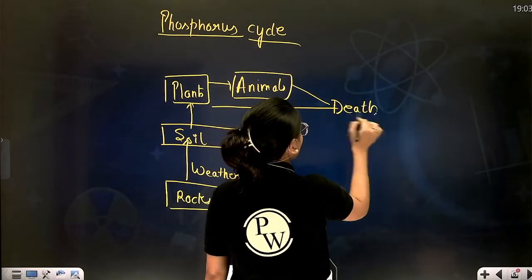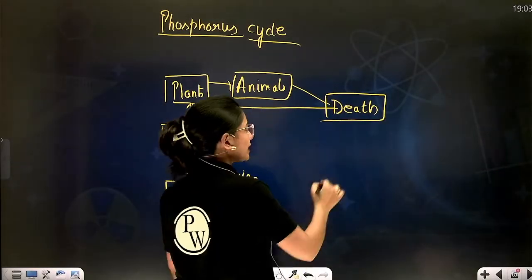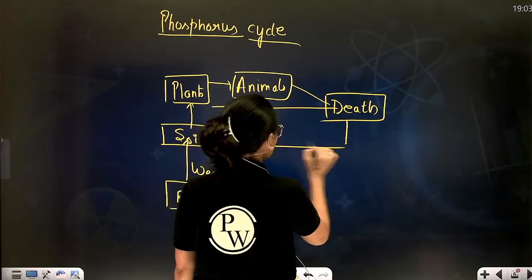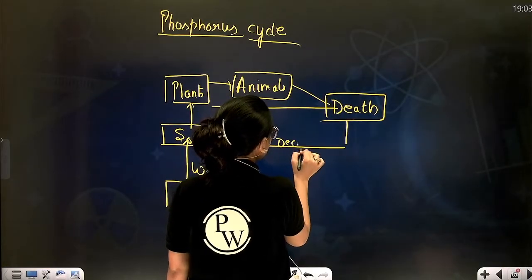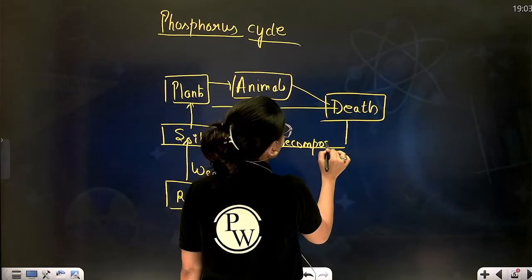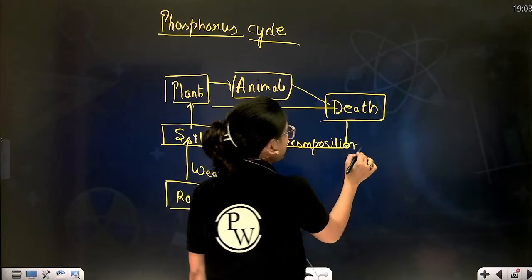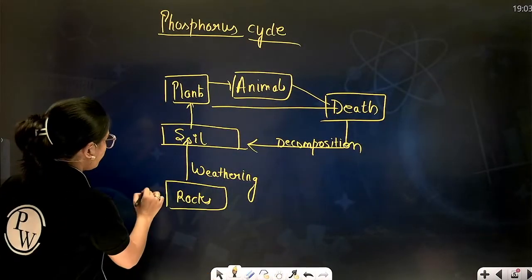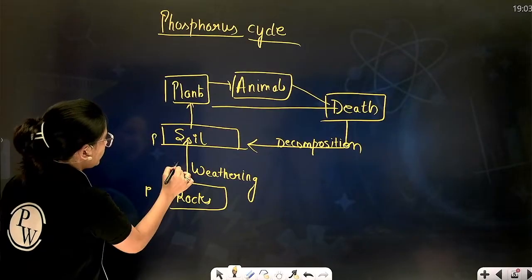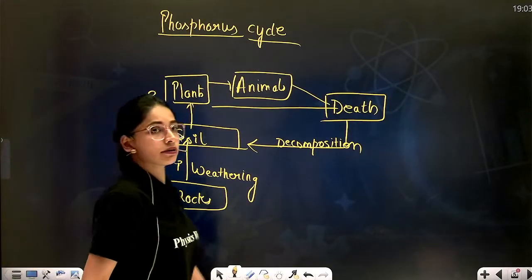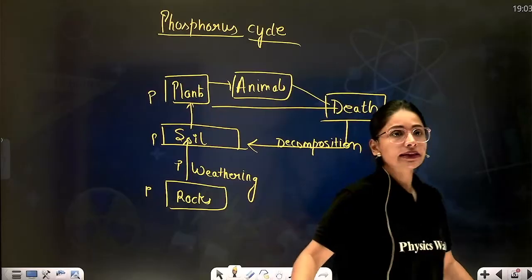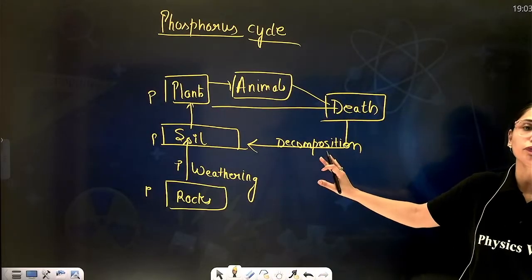After death comes decomposition, and due to decomposition, the nutrients will again be released into the soil. So basically this is how phosphorus cycles. This release of phosphorus is nowhere in the atmosphere. This is the simple phosphorus cycle.